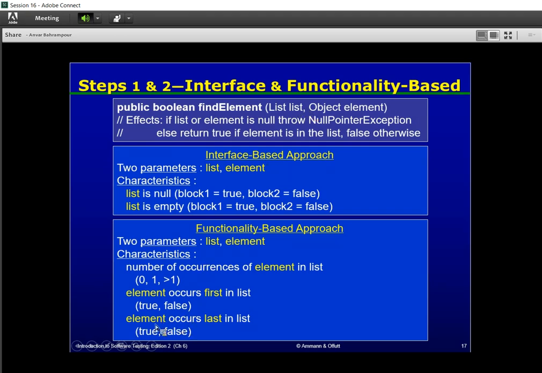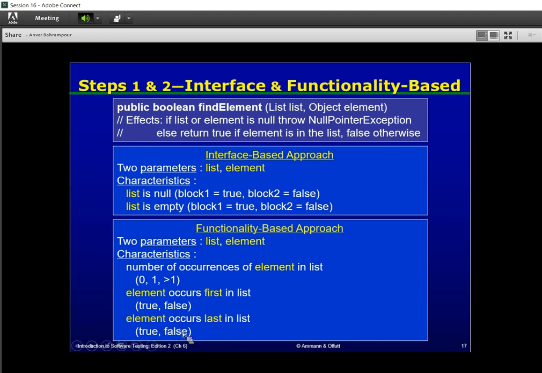Third characteristic, the position of the element also matters. When this characteristic is true, the element should be located in the last position with index n-1, in which n is the length of the list.